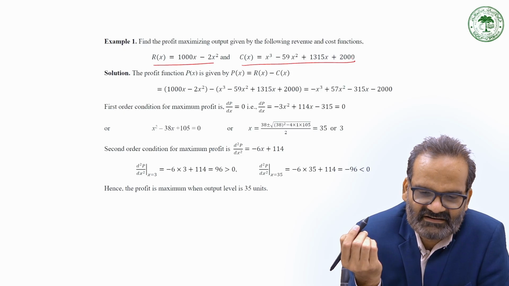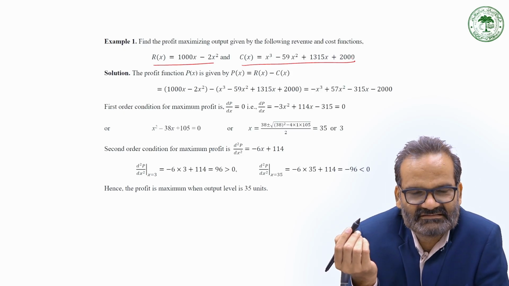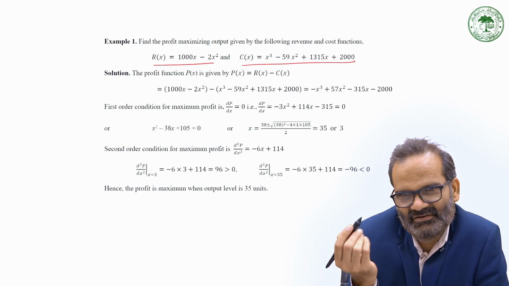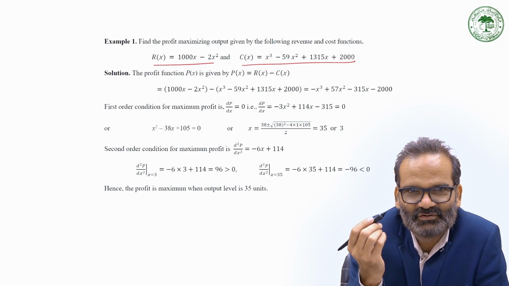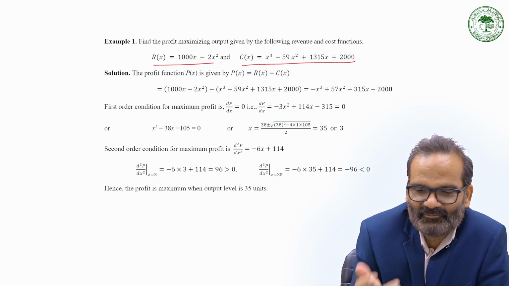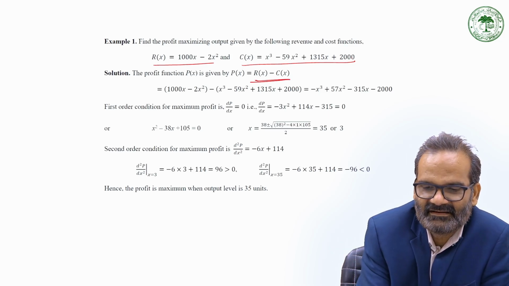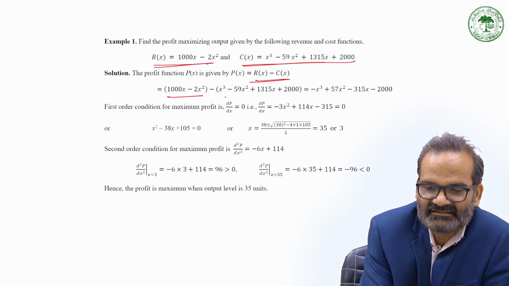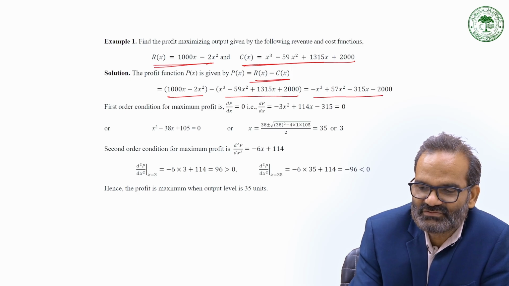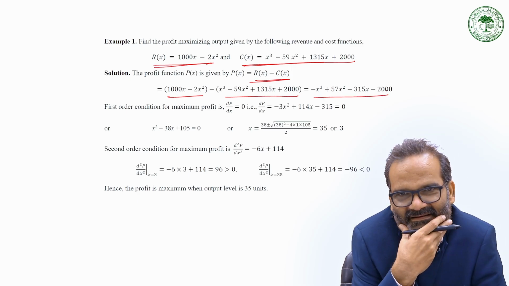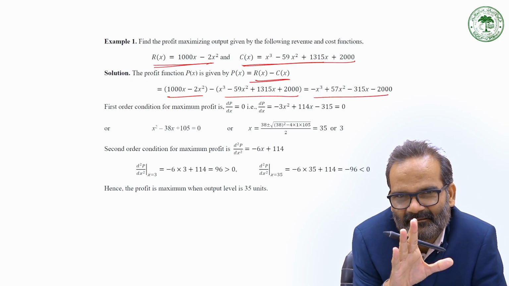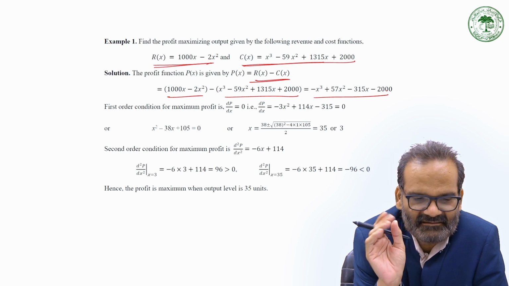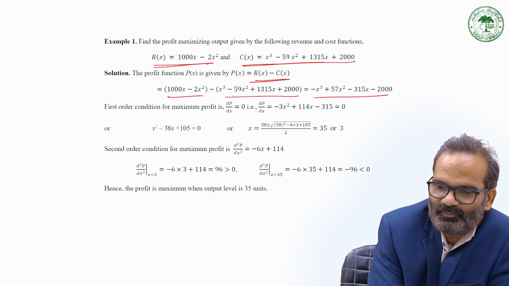If the revenue function and the cost function are given, you can very easily find the profit function. So the profit function P(x) is given by R(x) minus C(x). This is your R(x), this is your C(x). Take the difference of these two, and the difference is coming out to be this, right? You can check it. This is a simple subtraction, right?